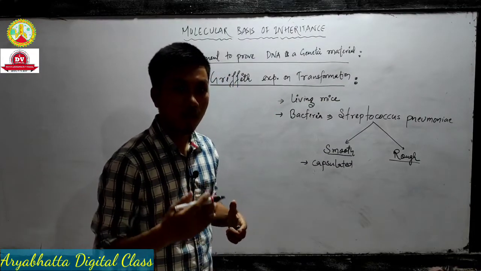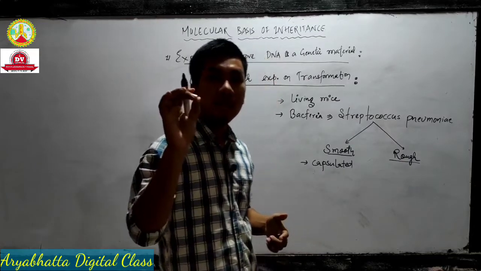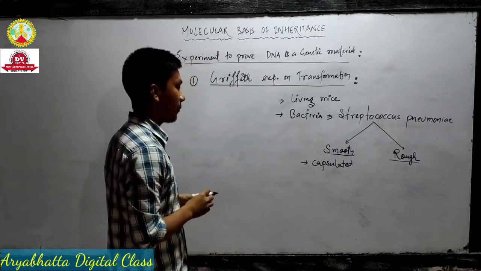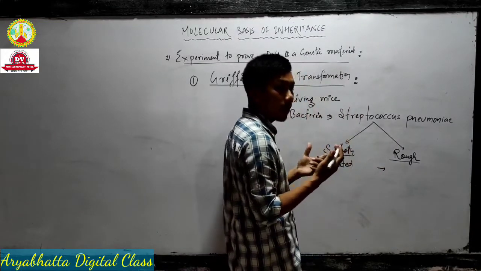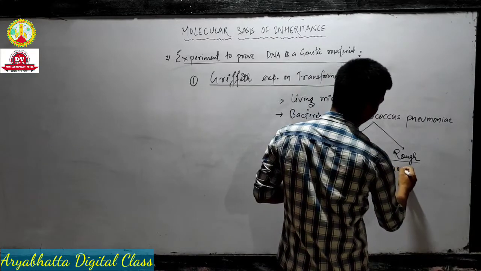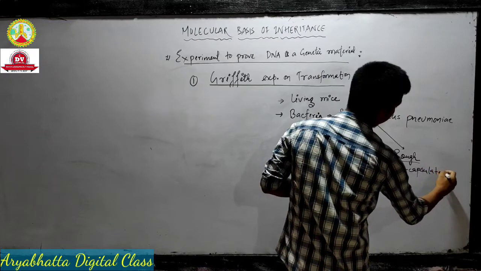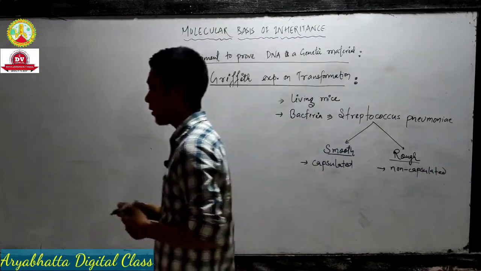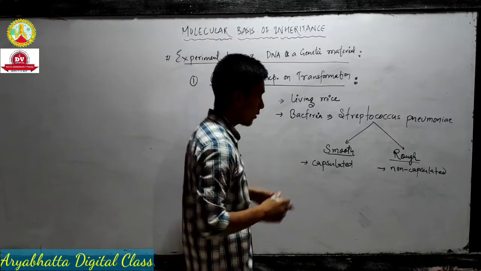Because their body is covered with a capsule which provides sticky, slimy mucous substances. While in case of rough, it is without a capsule, non-capsulated. So their body is not capsulated. That's why it makes them a rough body. So that is the difference.